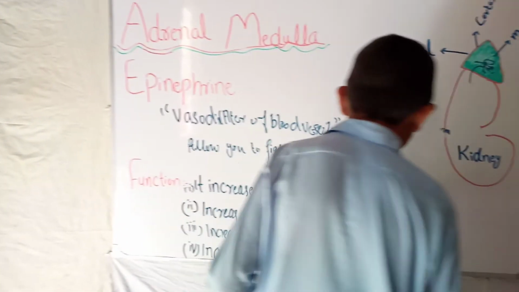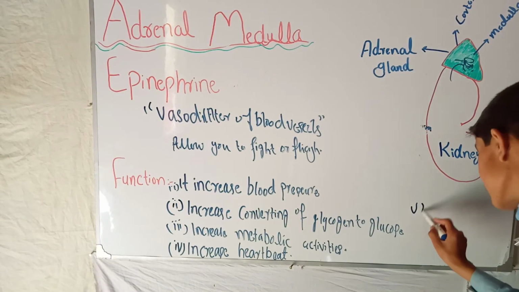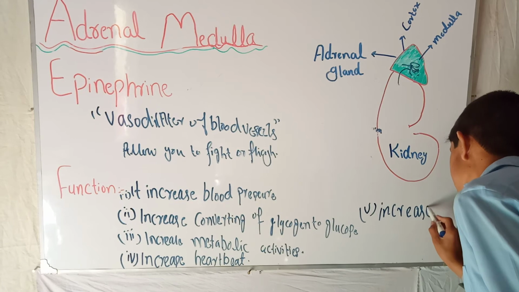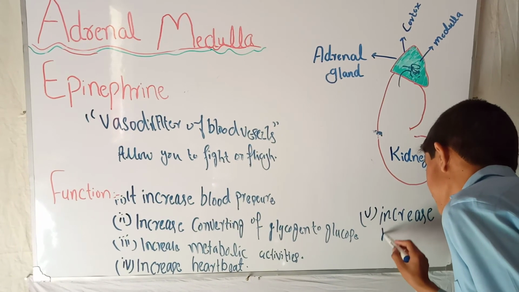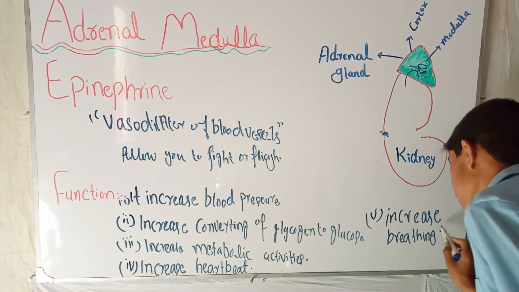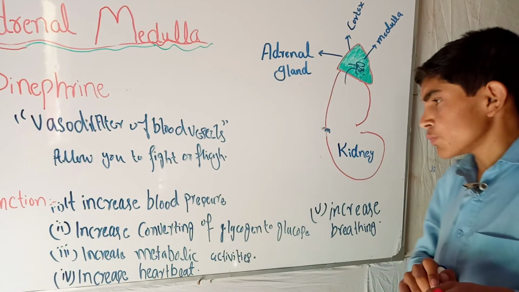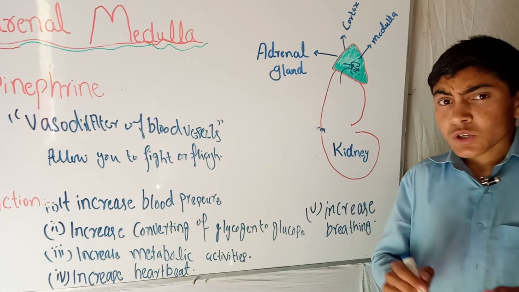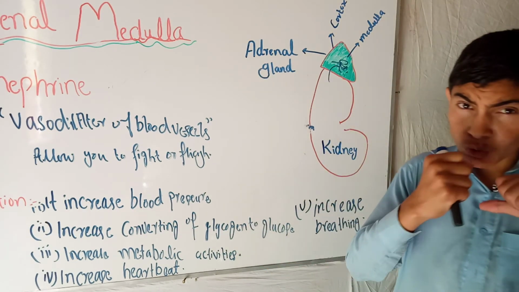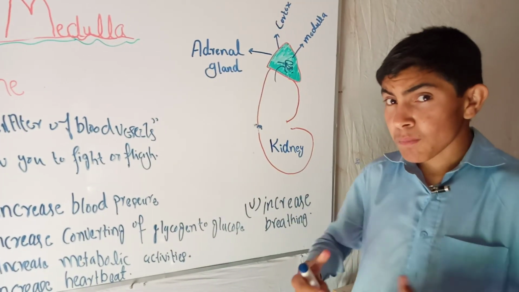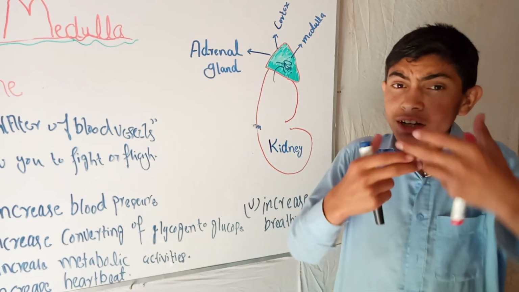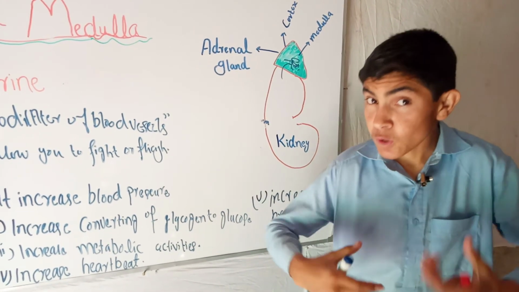And the next one is increase breathing. So during fight or flight time, if you are running or fighting with another, you are using your energy more and more. By oxidizing food in your cells, you have need of more oxygen, and as a result of using more oxygen, you will produce more carbon dioxide.